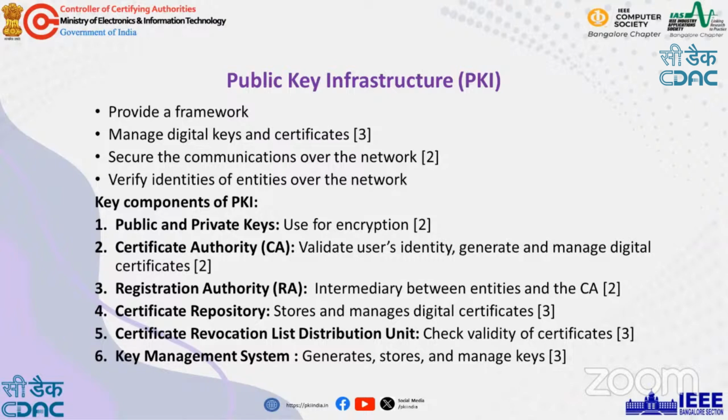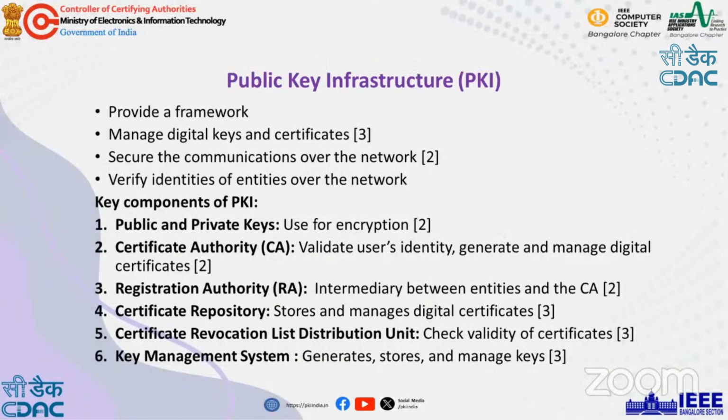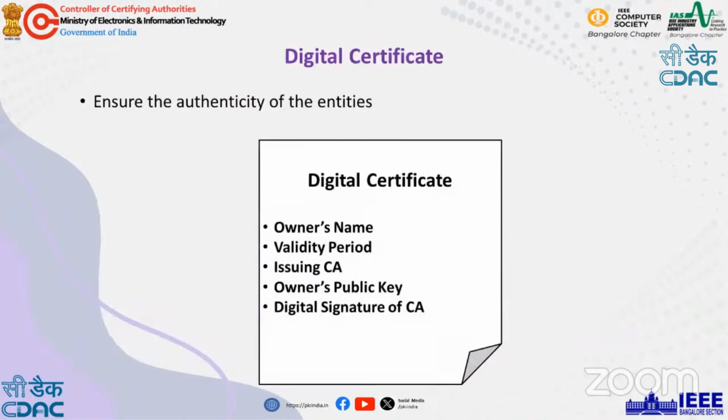The fourth one is the certificate repository. It stores and manages the digital certificates. And the fifth one is the certificate revocation list distribution unit that checks the validity, meaning the issuing date and expiry date of the certificate. Then the sixth one is the key management system that generates, stores and manages the digital keys, meaning the private and public keys. The main component of PKI is the digital certificate.